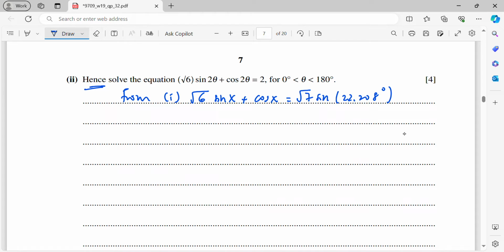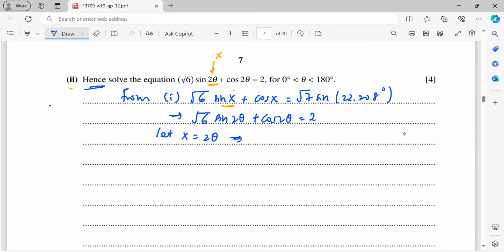So when you compare, right, now sine 2 theta is sine x. That means your x has been changed to 2 theta. So therefore, I will say square root 6 sine 2 theta plus cos 2 theta equals to 2. So I will let x equals to 2 theta.